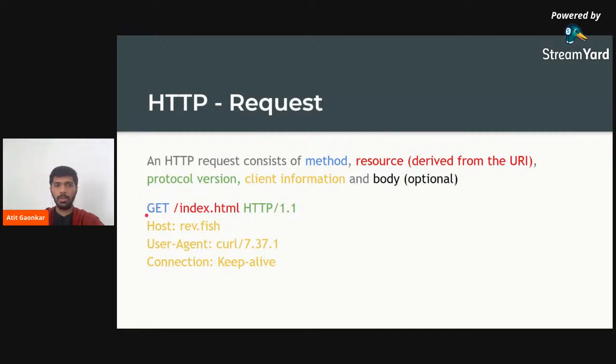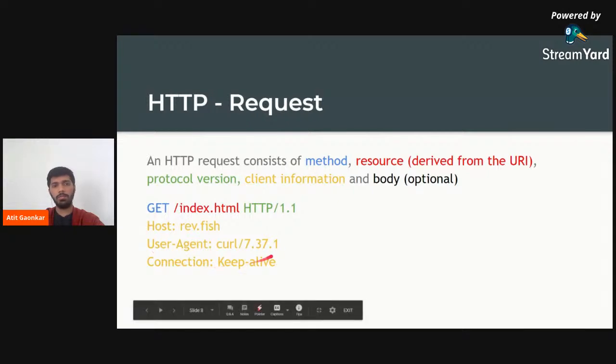If you try to search for this, it means you're trying to GET, which is a type of method, we'll be learning it later. What you're trying to get is the resource. The resource is index.html. How you're trying to get it is the protocol version, HTTP 1.1. Now this whole thing is method, resource, and protocol version. The next is the client information: the host, the user agent, and the connection. We'll see what these mean in the later slides.